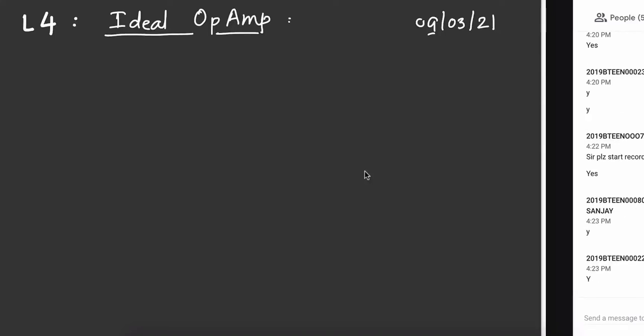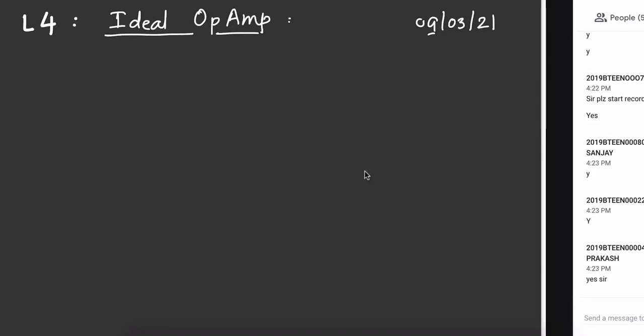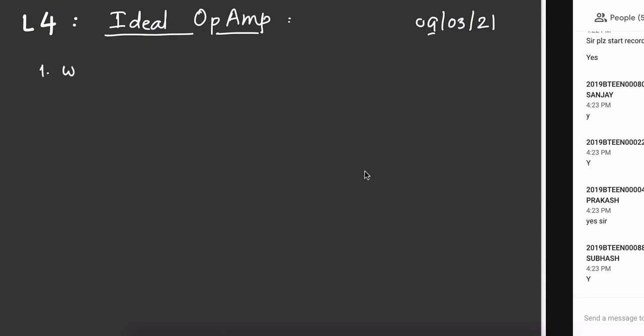So, good afternoon, students. In today's fourth class, we will understand the fundamentals of op-amp, especially ideal op-amp. We will start very quickly with what is op-amp. It is a high gain difference amplifier.